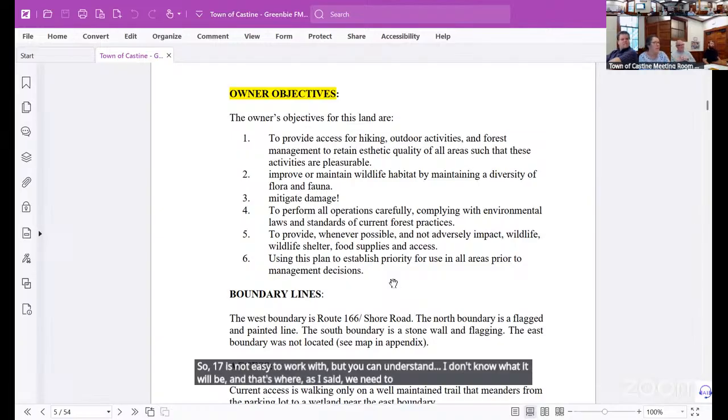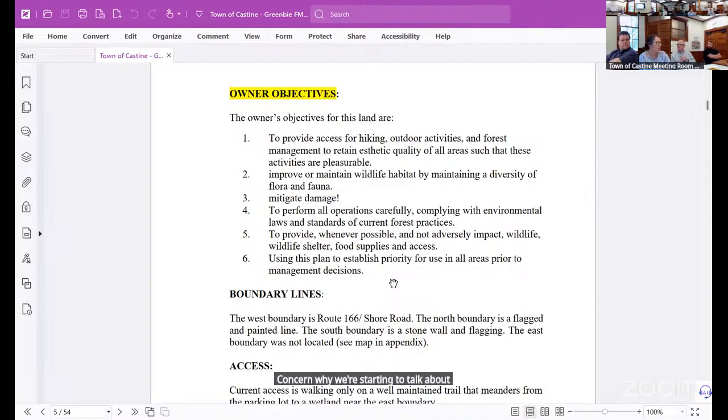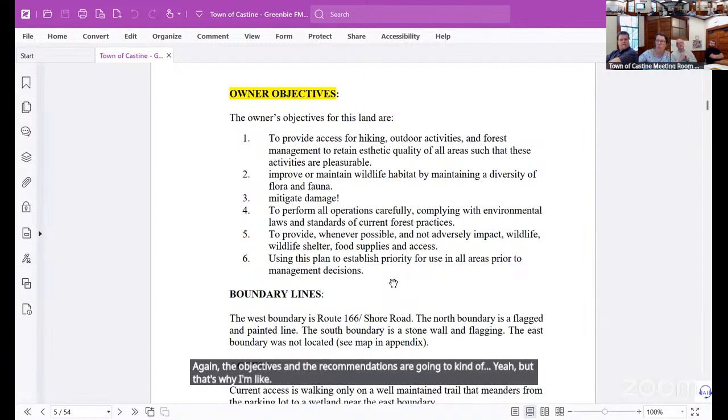Yes, and that is my concern, why we're starting to talk about recommendations. But again, the objectives and the recommendations are going to kind of... And so the process is that we come up with some statements of objectives. We come up with some findings and recommendations.